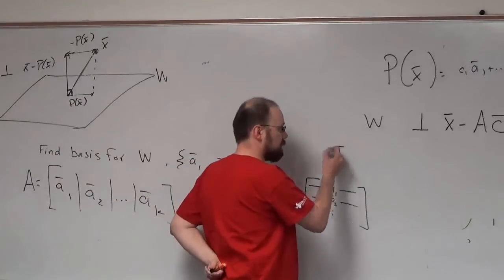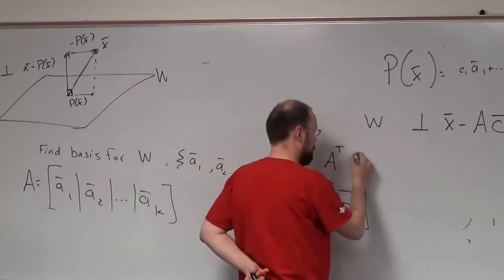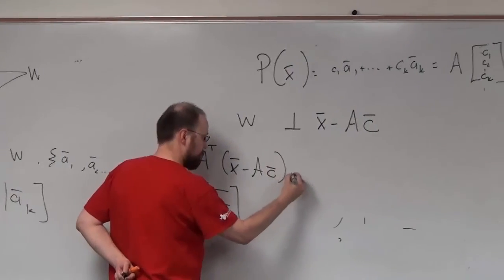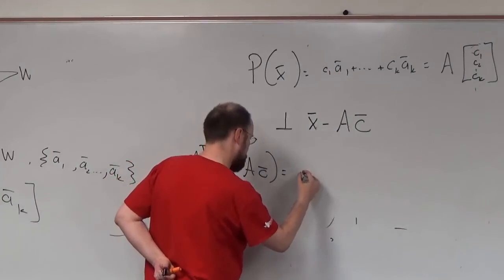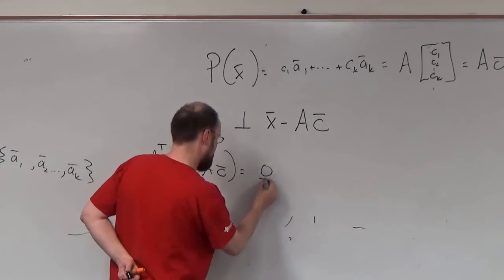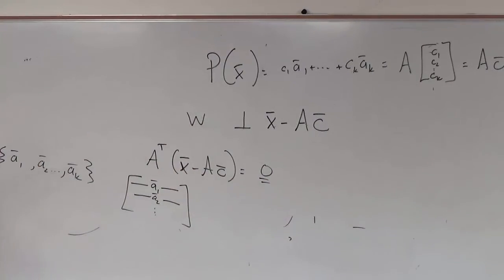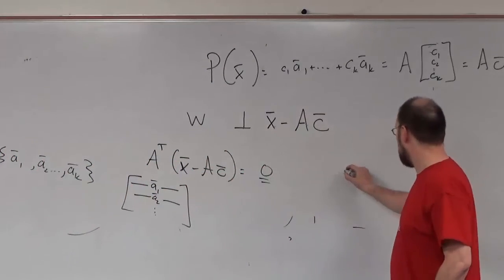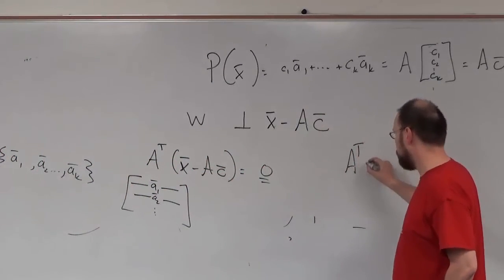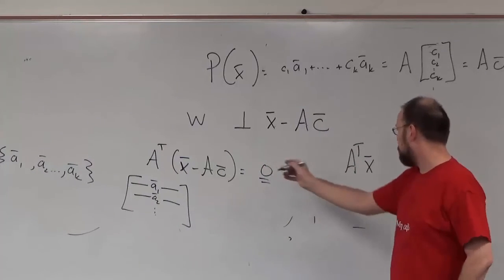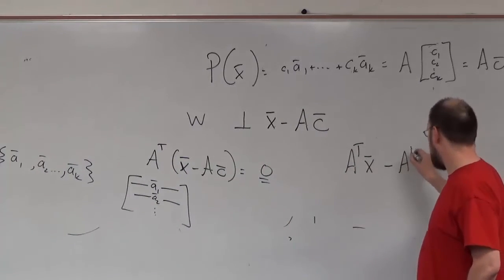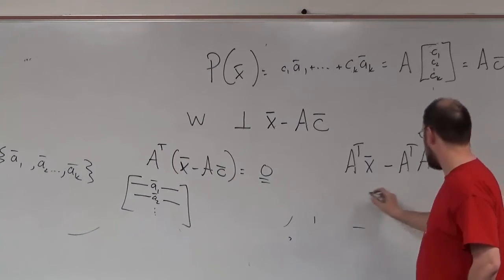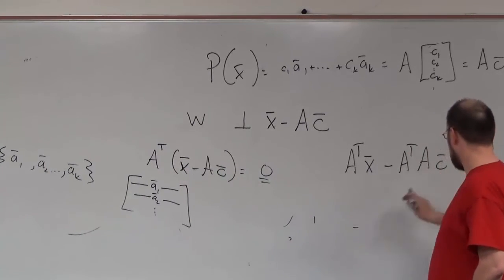So we want A transpose times this to be 0. And that pretty much gives you a formula which, if you do any kind of scientific computing or statistics, you will see. I'll distribute. Actually, that's just a row, my bad.